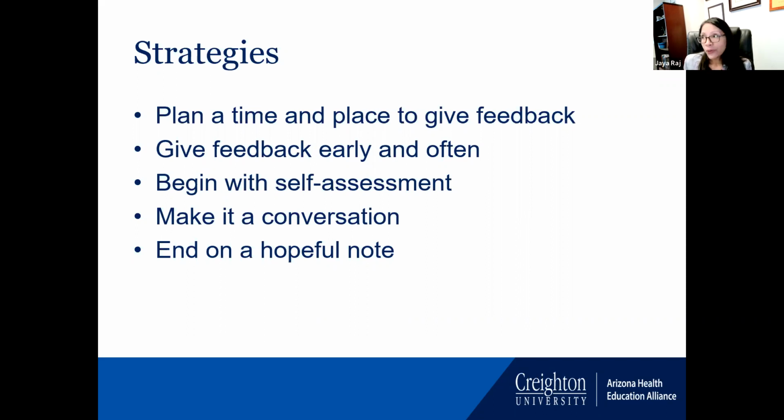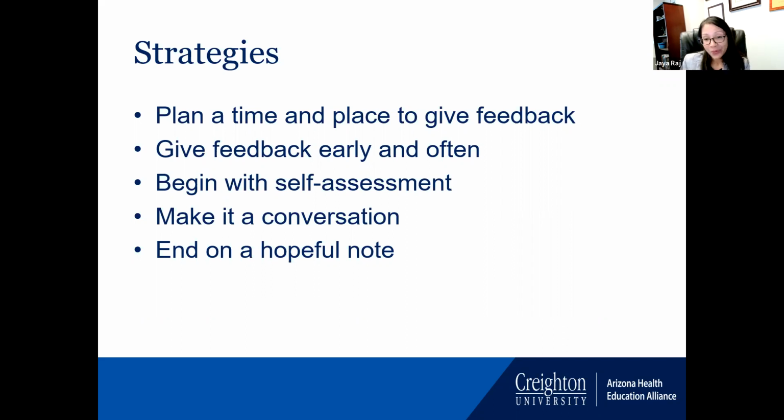You can also, rather than have one big feedback session at the end of the rotation, give feedback every few days and just focus on one thing each time. That's another strategy. And I usually don't give everybody on the team feedback on the same day. I'll spread it out and maybe give the students feedback one day, the residents a different day, the interns another day, and so on. That's how to keep it more manageable in terms of time.